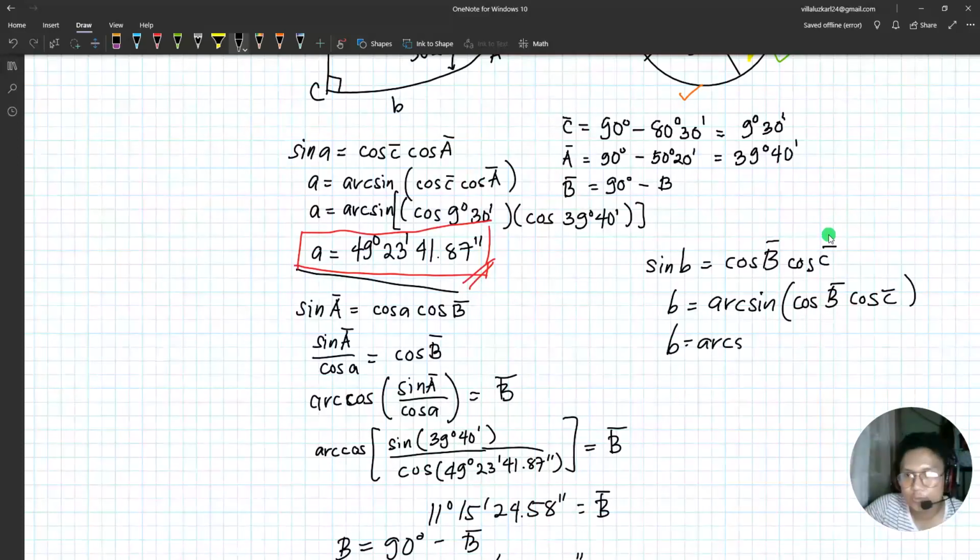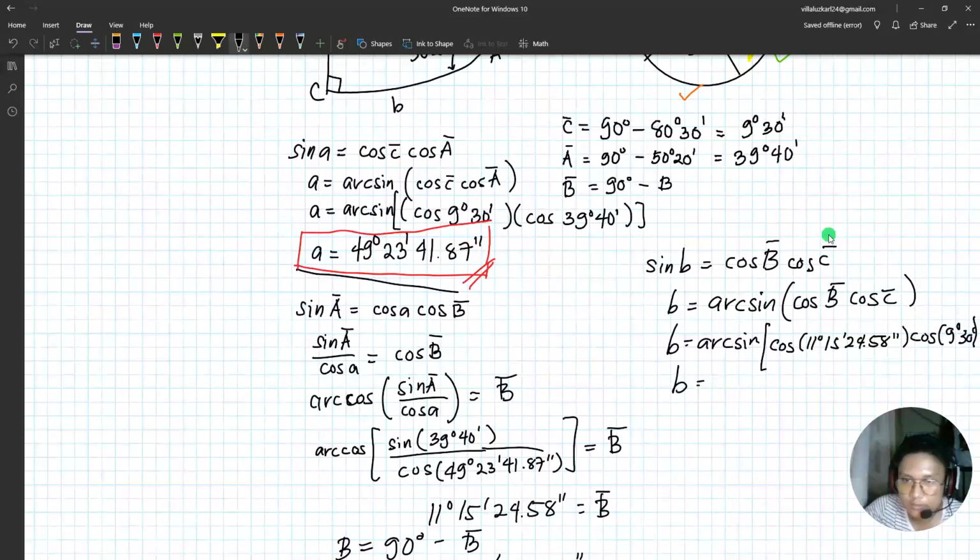Substitute: bar B is 11 degrees 15 minutes and 24.58 seconds, and bar C is 9 degrees 30 minutes.